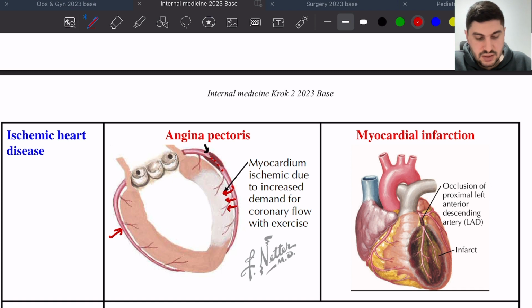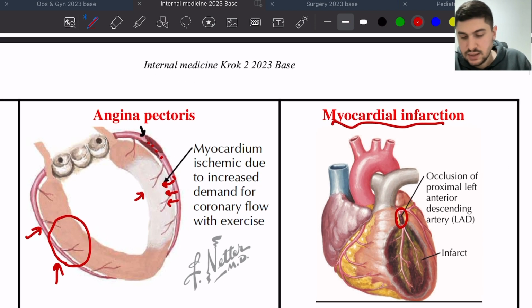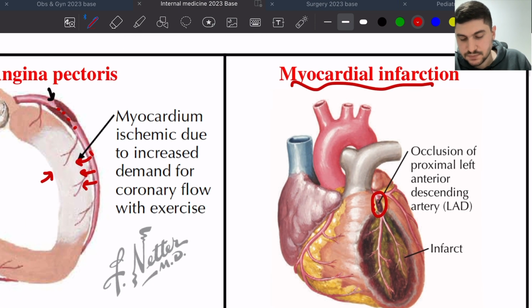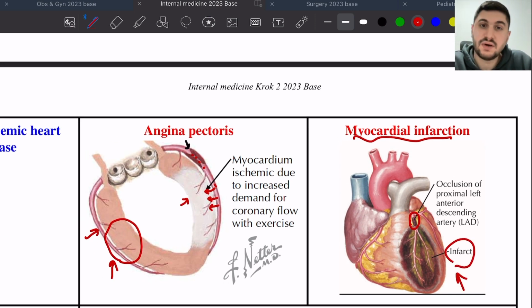This area gets blood, but this area on the right has ischemia, and as a result there will be pain. In myocardial infarction there is complete obstruction, and because of this the area will have not ischemia but infarction, which is necrosis of the cardiac tissue, because of complete occlusion.